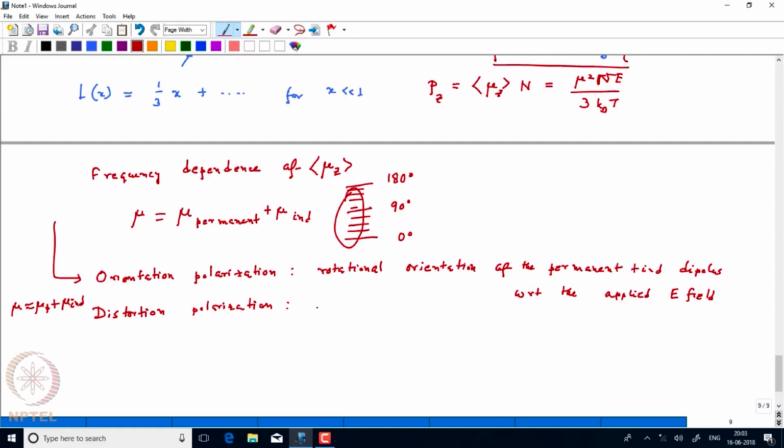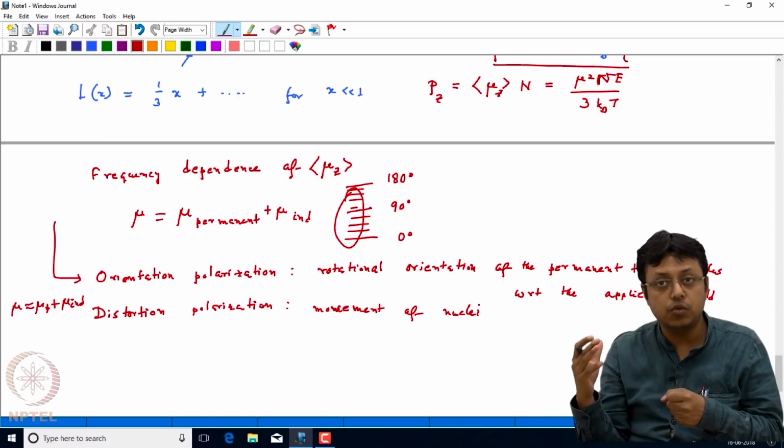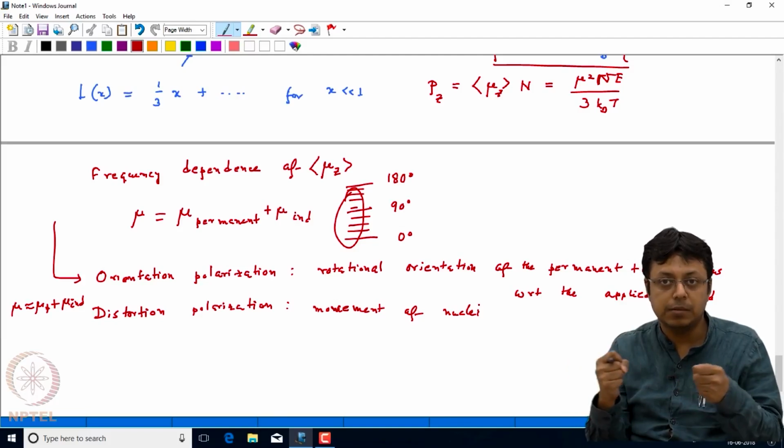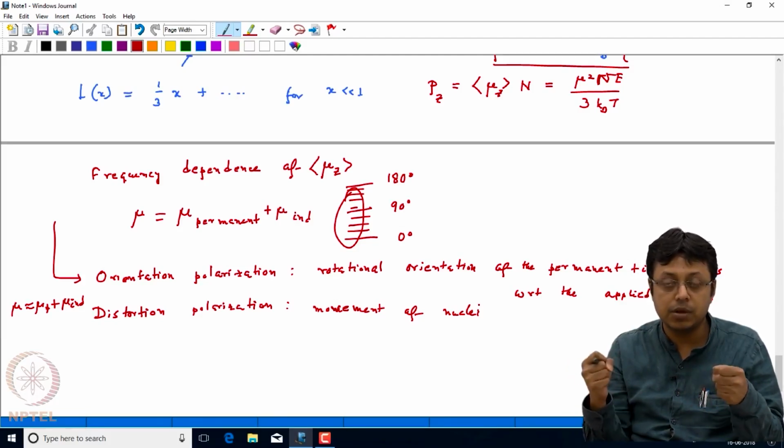Then the next thing that comes is basically the movement of nuclei. So it is directly connected to bond vibrations. But again, if I increase the frequency too much, the bond vibrations also have typical time scales of picoseconds or sub-picoseconds, a few hundreds of femtoseconds.